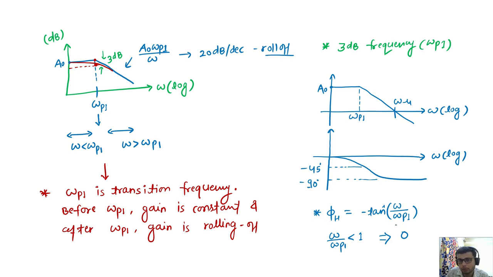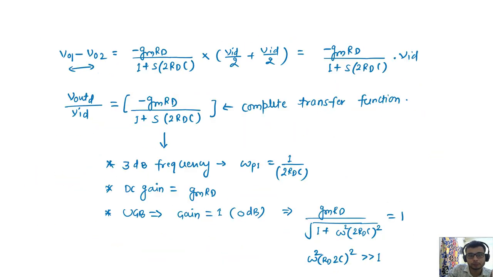When omega by omega p1 is much greater than 1, my phase reaches minus 90, and exactly at omega by omega p1 equal to 1, my phase is minus 45. That we can see from the expression. So this is a little information about the gain and phase plot of this particular question.